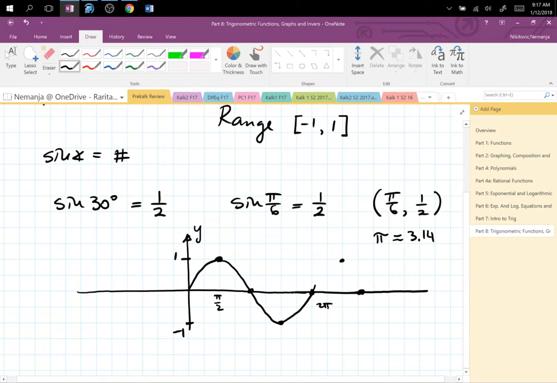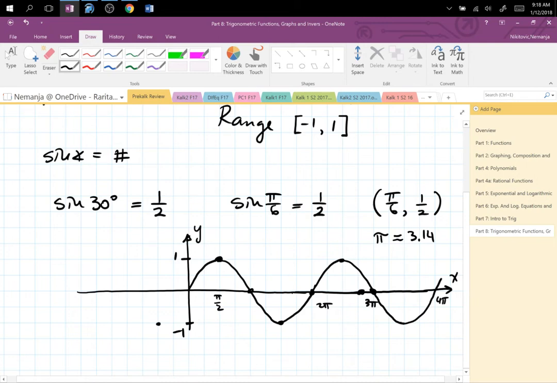So we have this one. So it will go again into the next. Here, here, here, going on. So this is 3 pi, 4 pi, this is the x-axis.